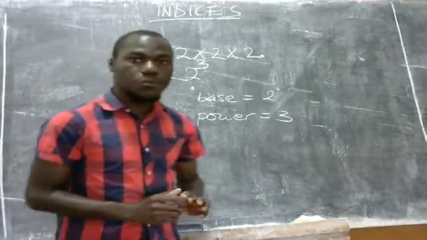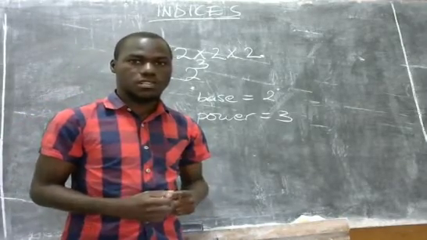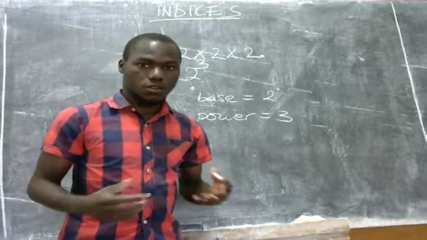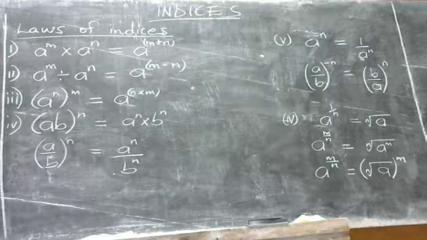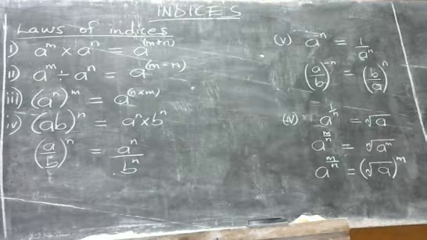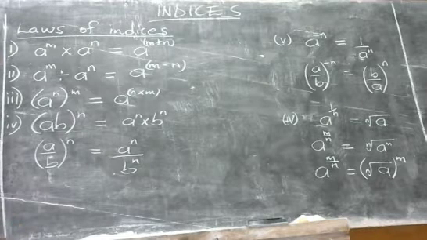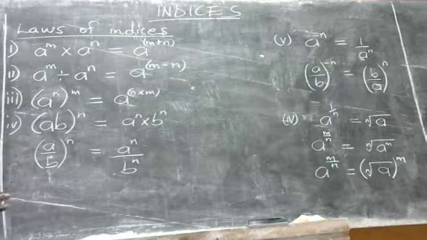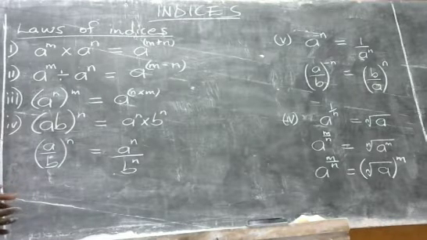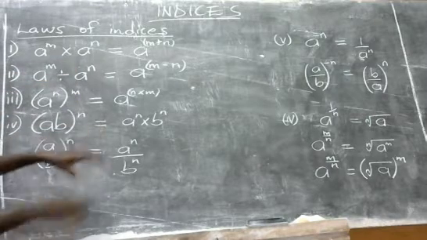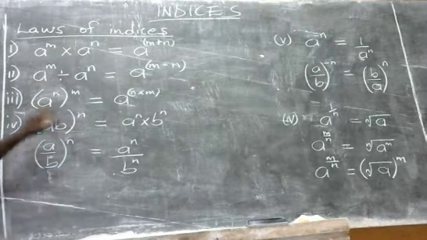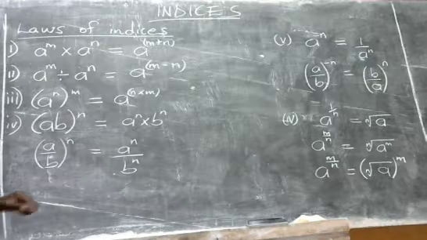Then we are going to talk about some laws that govern us when we are dealing with the indices. So there we have some of the laws of indices. The most prominent ones are the first 3 there. Then the rest come from these others.